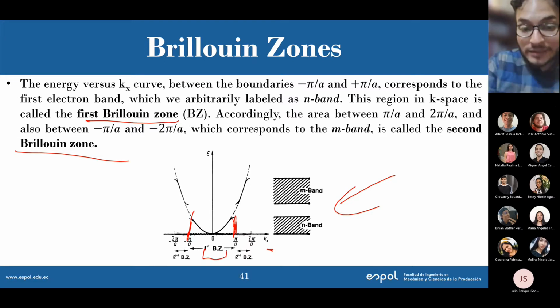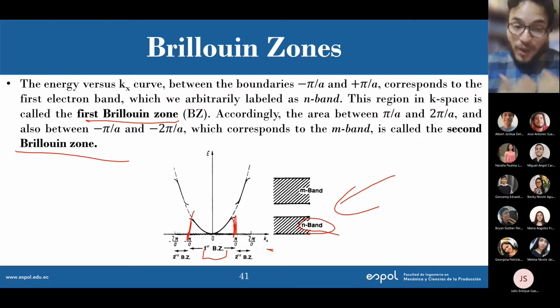And we said that's the first allowed energy band. So from where to where that band extends, that's called the Brillouin zone. And because it's the first one, it's obviously the first Brillouin zone.